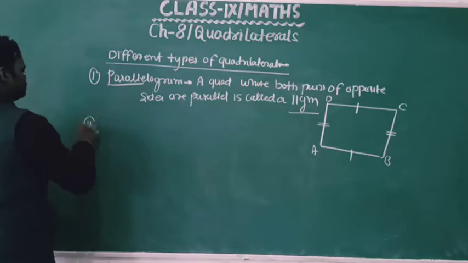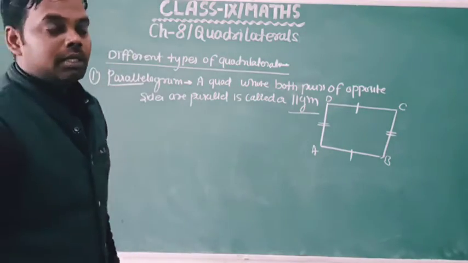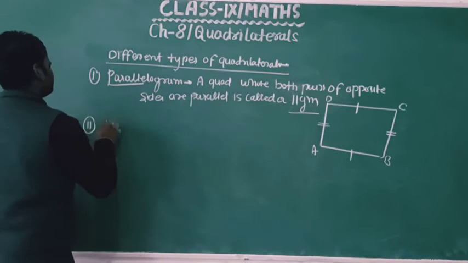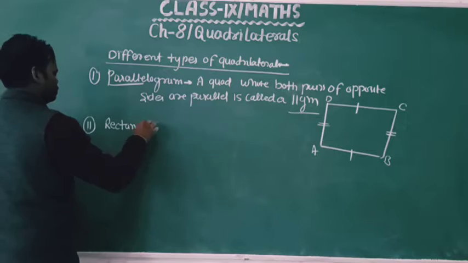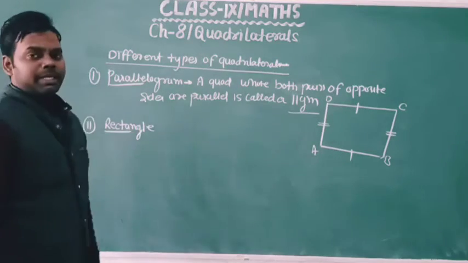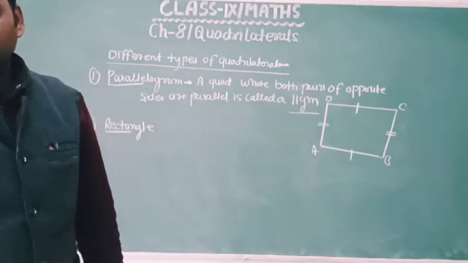And the second type of quadrilateral, rectangle. So as we know, the picture of a rectangle, how it looks.